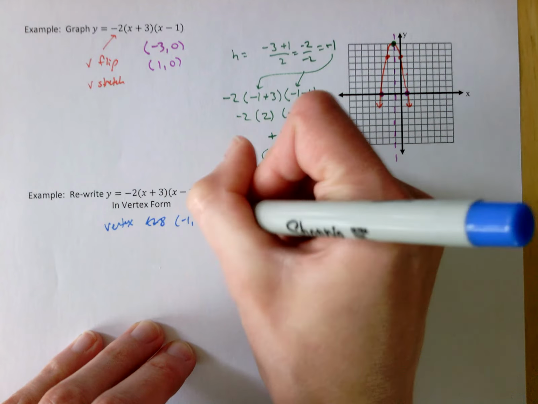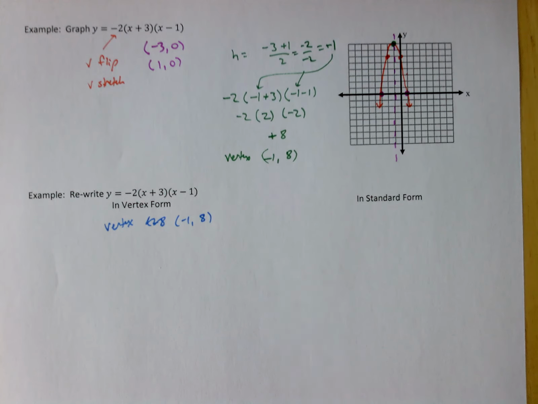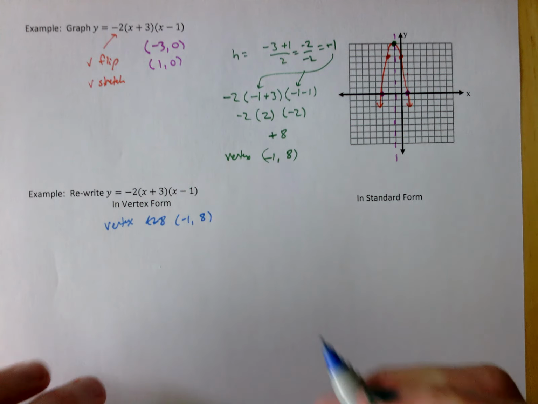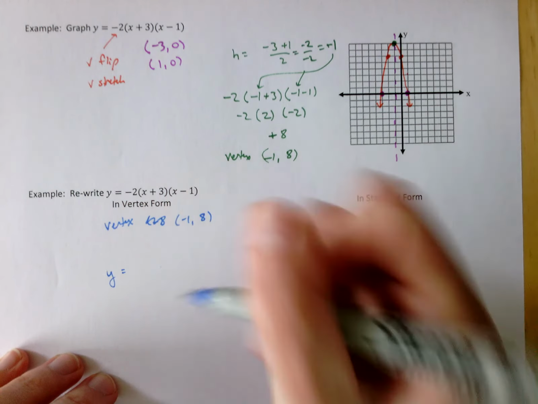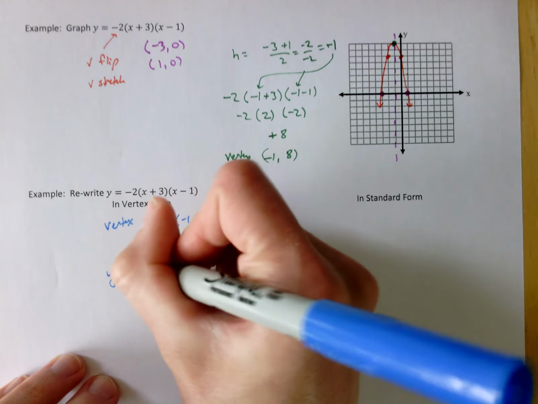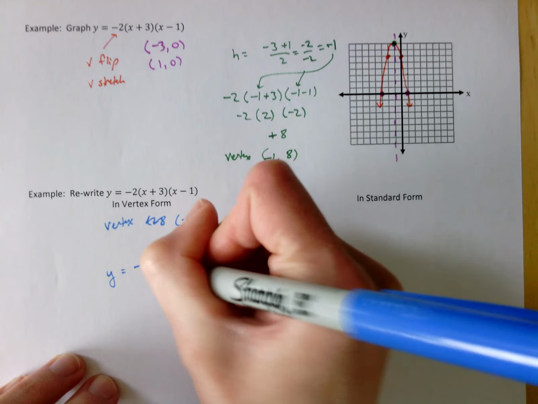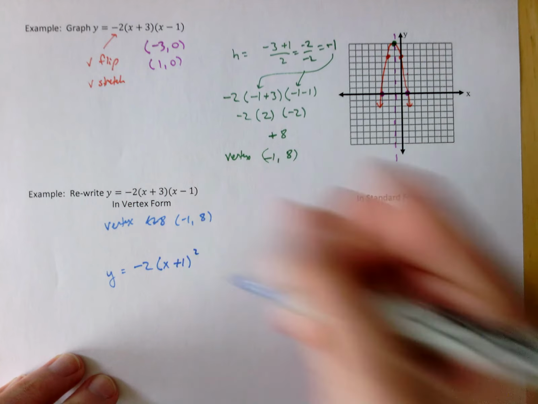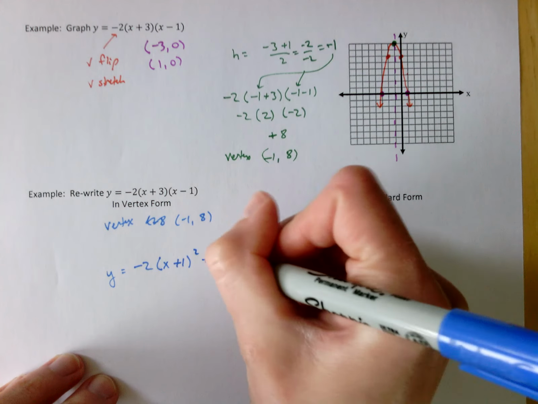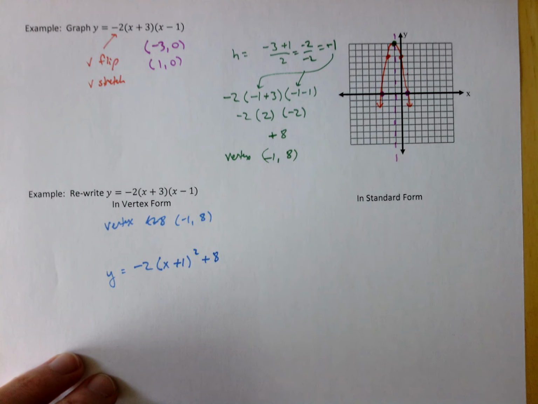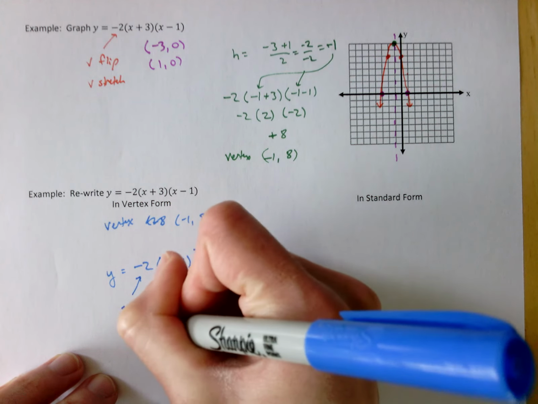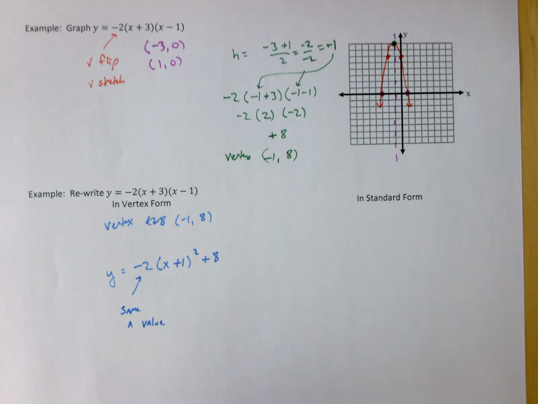Once I have my vertex and I know my a value from here, this is really easy. Vertex form is pretty friendly, right? So it's going to be y equals the same a value of -2 times (x minus the x coordinate, so minus -1 is +1) squared, and then plus the y coordinate of your vertex, +8. There we go. All right, so that was nice and easy. And again, that is the same a value as before.